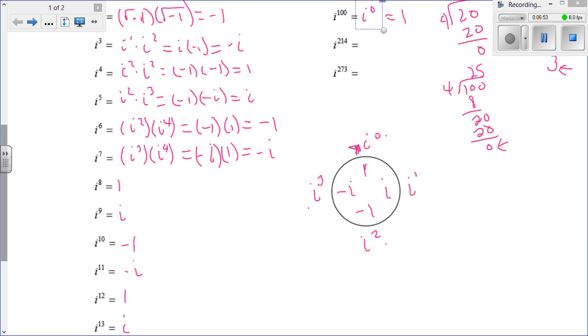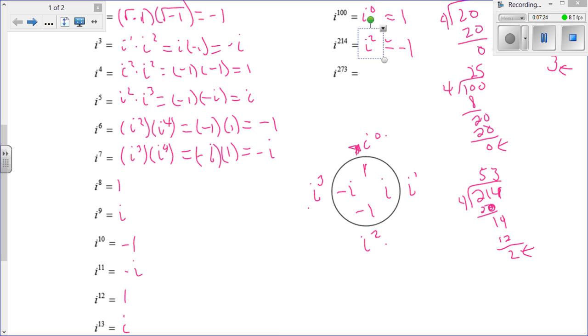214 divided by 4, we have 5, 20, this is 0, down the 1, down the 4. 4 goes into 14 3 times. 3 times 4 is 12. And I have a remainder of 2. So this is equivalent to i squared, which is negative 1.